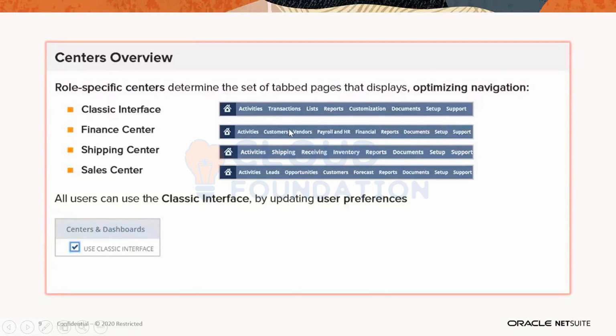If you're creating an AR clerk, then vendors will not be there. That is how it works. This is the shipping center and this is the sales center. I told you all users can use the classic interface. When you go into the user preferences, you can click on use classic. You remember this from yesterday's session.